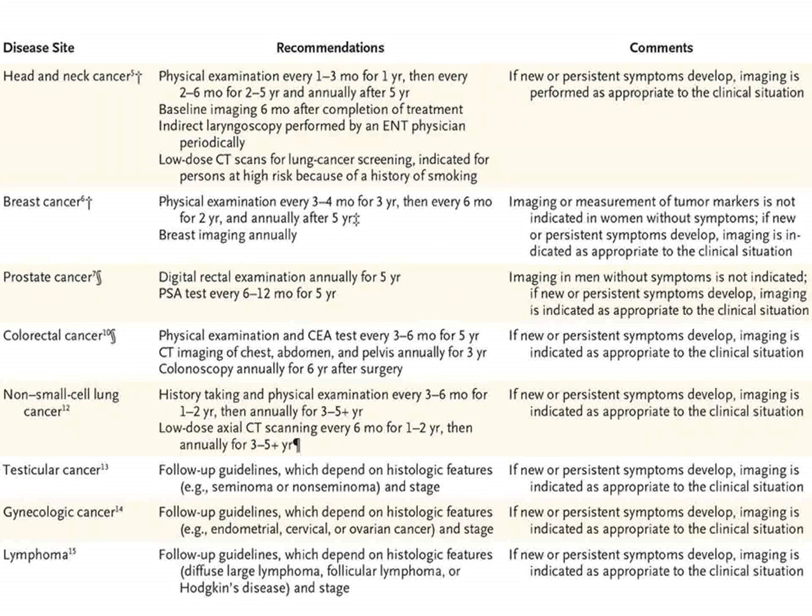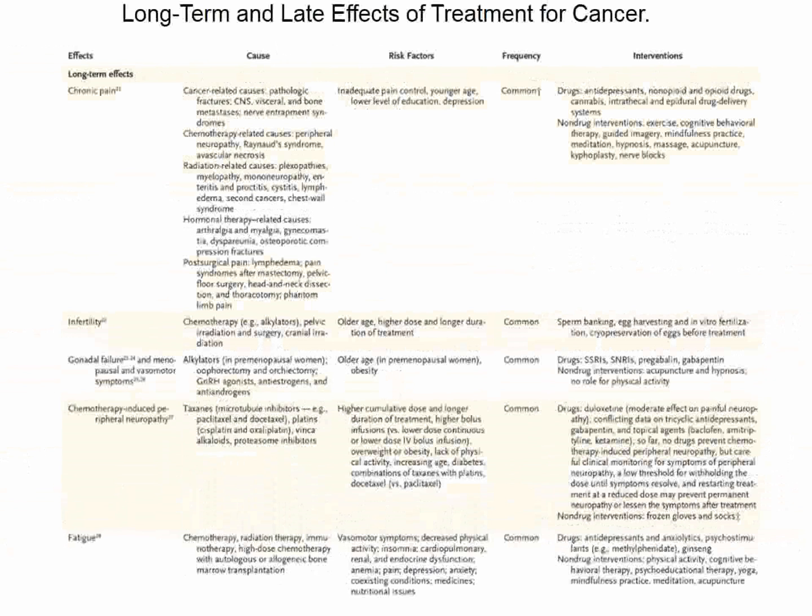The problems with head and neck, breast, prostate cancer, colorectal cancer, lung cancer, testicular cancer, etc., are different. So we have to know the problems that are associated with each particular type of cancer, how recurrence might occur, how these patients are treated, what the side effects of the treatments could be, etc.